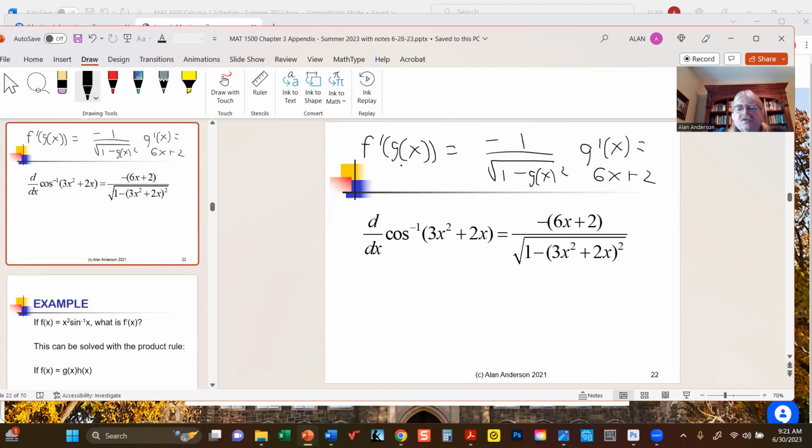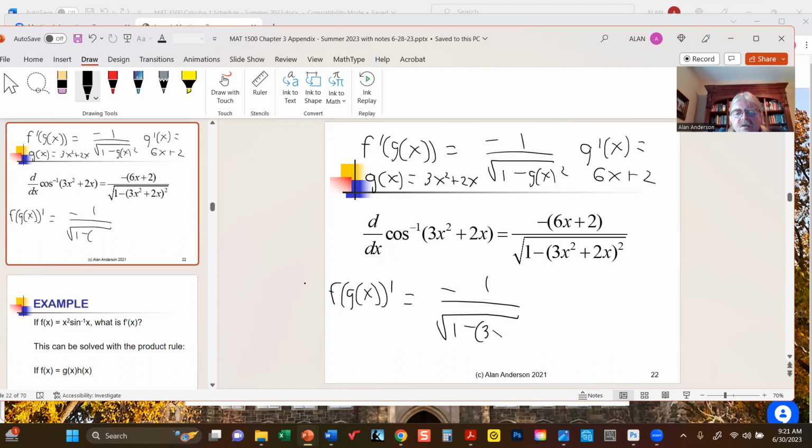So you can actually write this as the final result, which is actually this. You're going to have minus 1 over 1 minus, oh, I forgot to write down, g of x is 3x squared plus 2x.